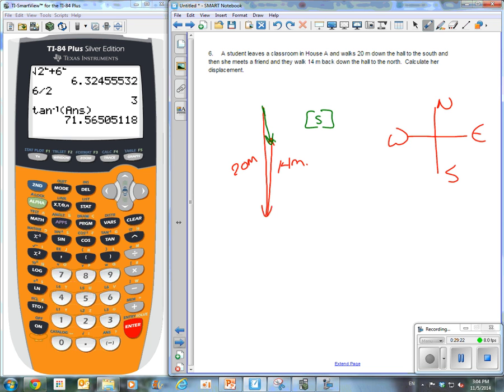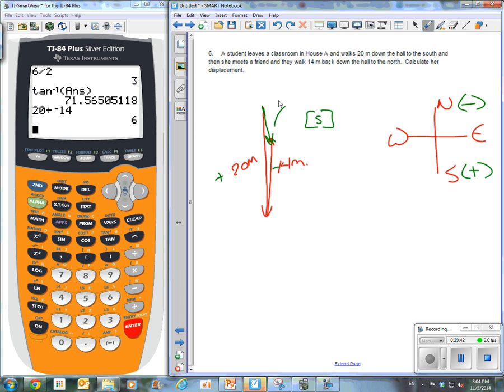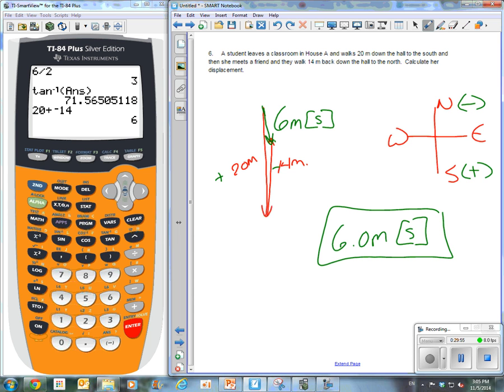Now to figure out how much it is, I'm just going to say that south is positive, north is negative. So 20 plus negative 14 gives me positive 6, which is why I know that it is south. So my answer here is 6.0 meters south. Why 6.0? Because two significant figures.